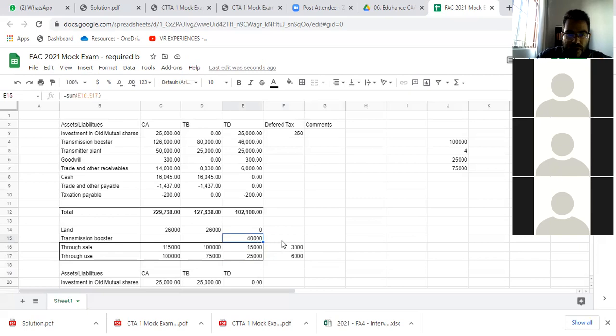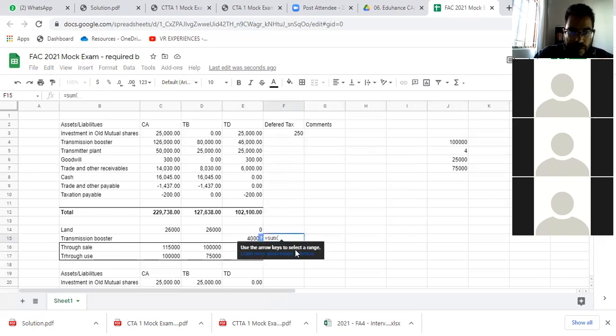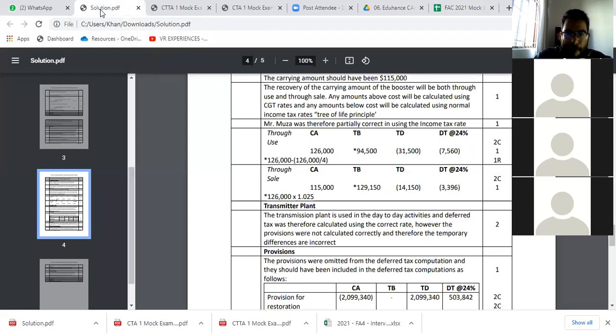I don't know if this is correct. It is, I'm sure it is correct. That is one principle that I was failing to grasp, and thank you for making it clear, because I was struggling with this, from cost to tax base, from carrying amount to revaluation. Yeah, I think that's it.